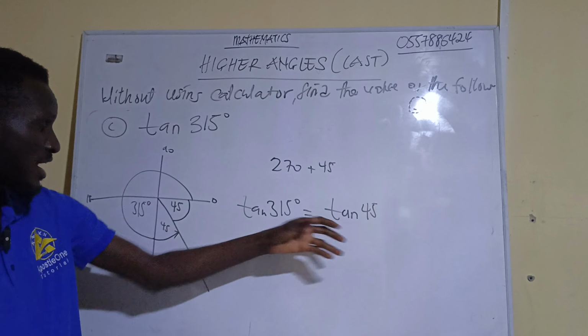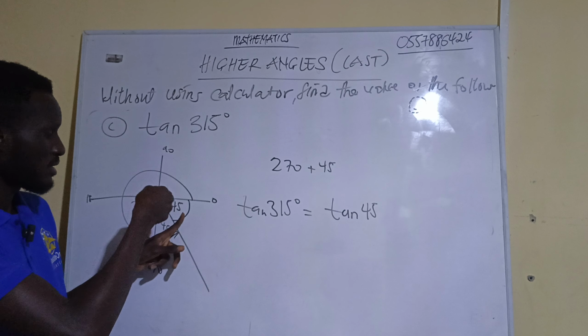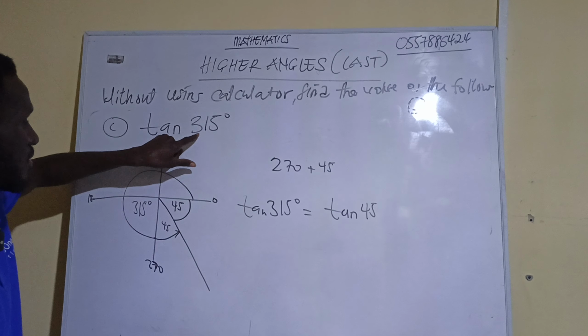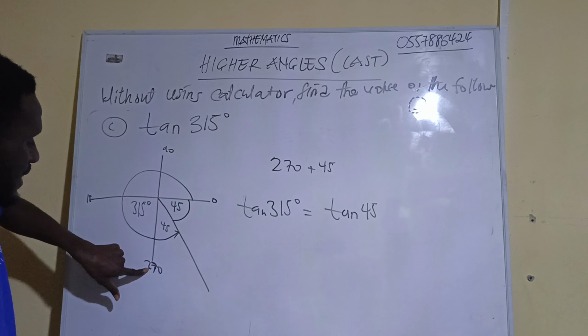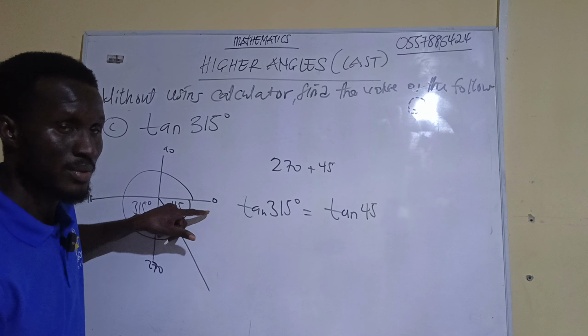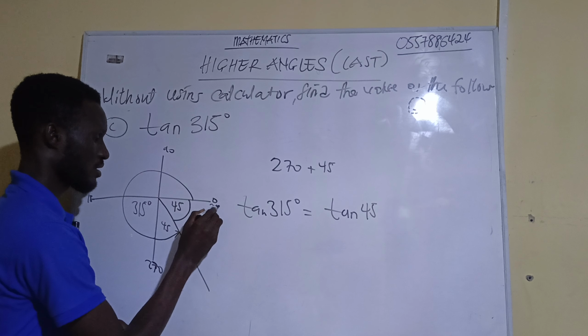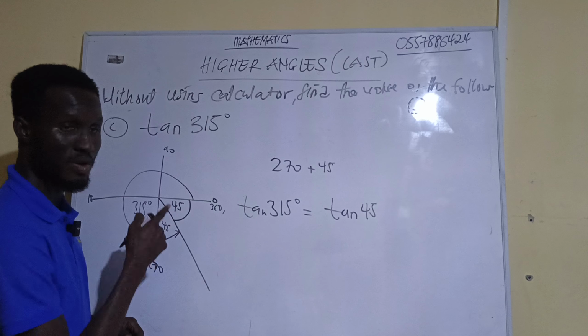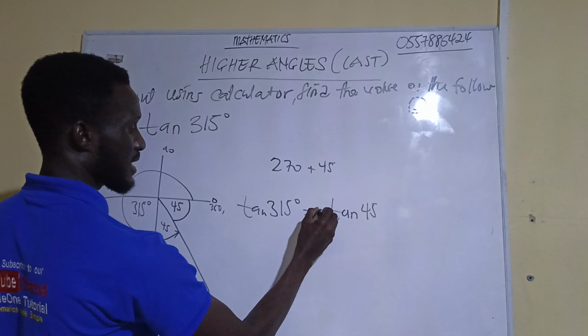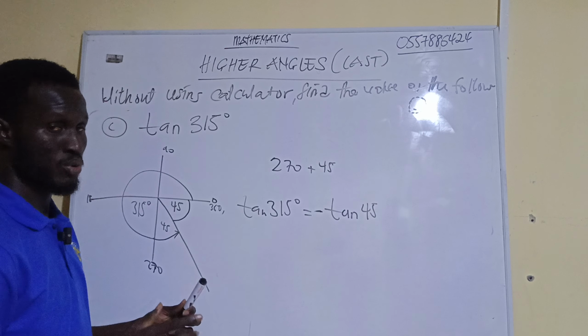Yes, because 45 is the angle along the x-axis in the fourth quadrant. Now 315 degrees is between 270 and 360. It is in the fourth quadrant, and don't forget that in the fourth quadrant, tan is negative. Only cosine is positive.